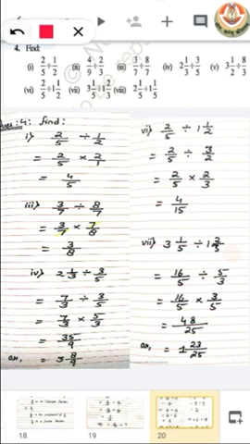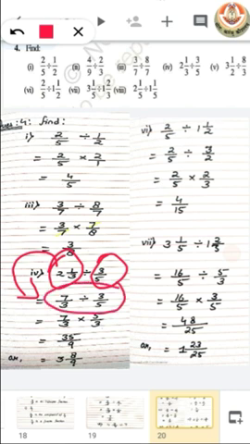Now, when we have to divide a mixed fraction by a fraction, for this we have to convert the mixed fraction into an improper fraction first. Then we will have two fractions for division. Similarly, when we have to divide a fraction by a mixed fraction, we have to convert the mixed fraction into an improper fraction.